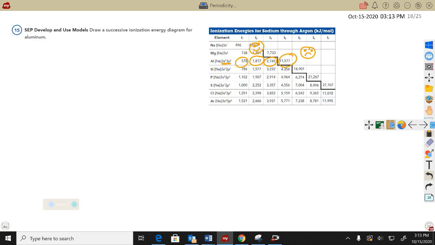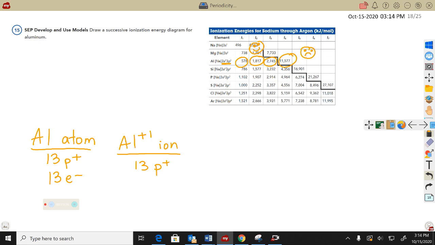And we can also explain the general increase. If I have the neutral aluminum atom, it's 13 protons and 13 electrons. Then as I start to lose electrons, first I would form the +1 ion, where we always have 13 protons, but then I would only have 12 electrons.